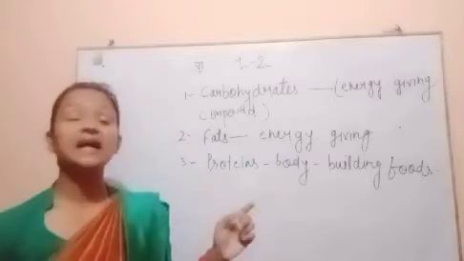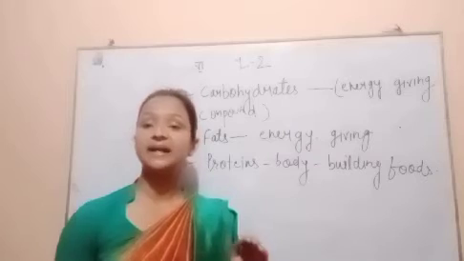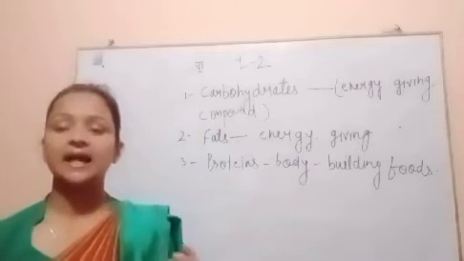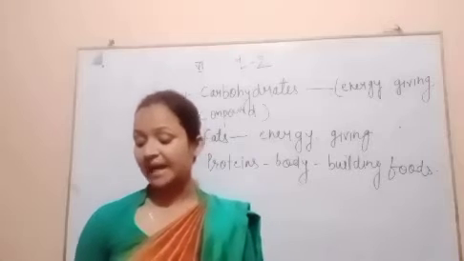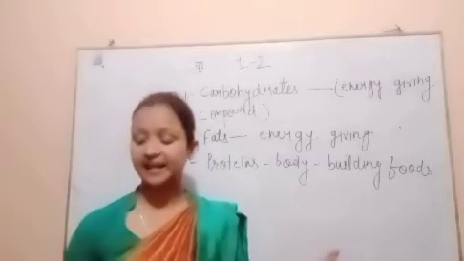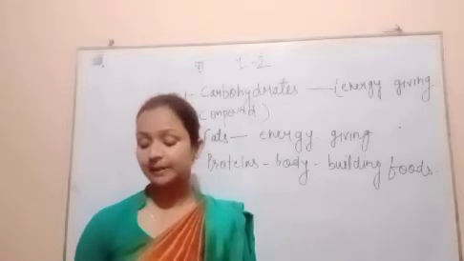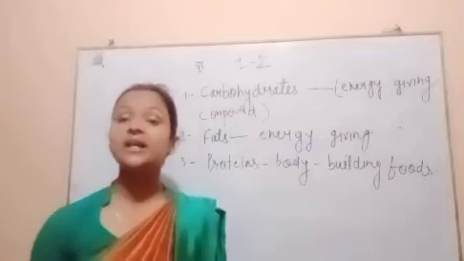So they are called the body building foods, and they help in the growth and maintenance of our body, repair the tissues and body cells, protect the body against infections, and regulate body functions.